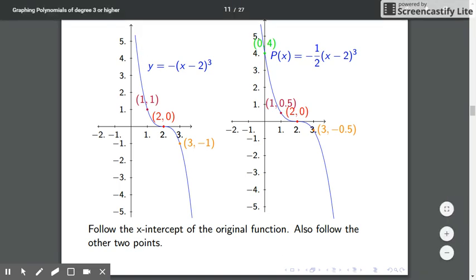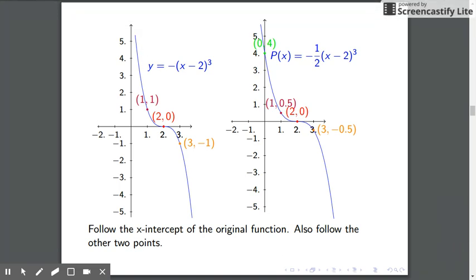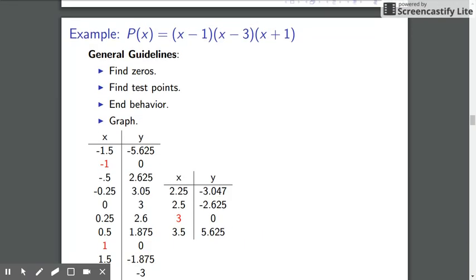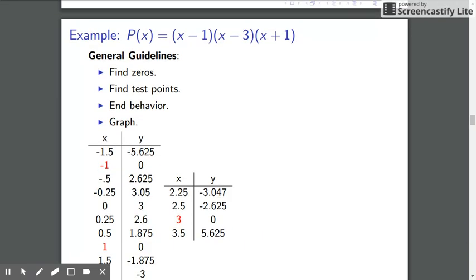We were just trying to keep the shape of the graph going. Now we can pay more attention to little details, and the y-intercept is a little detail. If I plug in 0 for x, I get the y-intercept, (0, 4). And so let's go to another example.